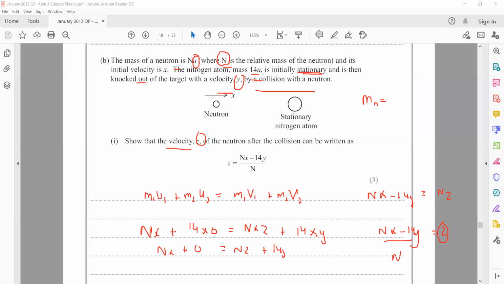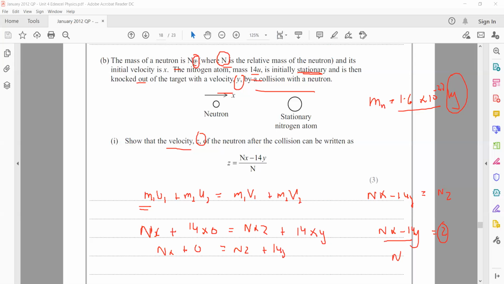For example, if I say in numbers, the mass of the neutron is 1.6 times 10 to the power minus 27 kilogram, if I substitute the value here, I just substitute the magnitude. I don't substitute the unit. I don't write like 1.6 exponent minus 27 kg.